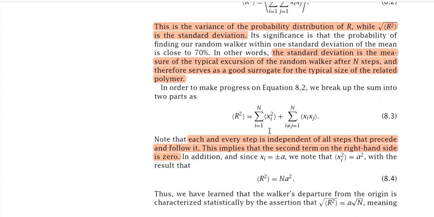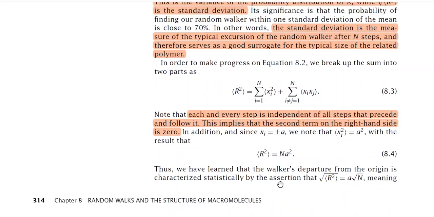So, only the first term remains, and we have already noted that xi is equal to plus or minus a, so xi square will be a square. So, what we can write is r square equal to capital N into a square. Why capital N? Because the range of i is 1 to n, that is why the right side will be capital N into a square.